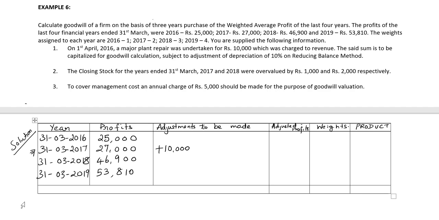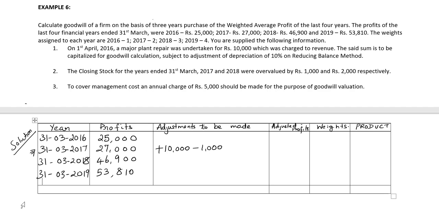Now, since this 10,000 was treated as a revenue expenditure and not as a fixed asset, we would not have charged depreciation. So now we need to charge the depreciation which was not charged earlier. It's given that depreciation is flat rate of 10% on reducing balance method. For the first year, that is for the year ended 31/3/17, 10% of 10,000 is the depreciation, which is 1,000 rupees.